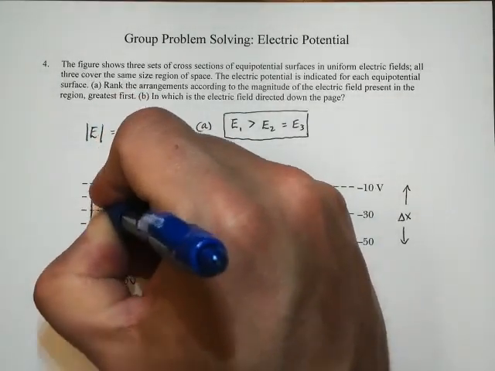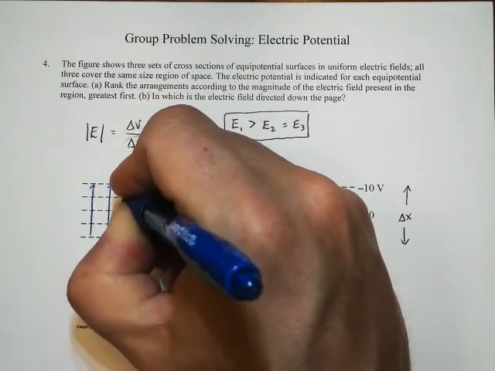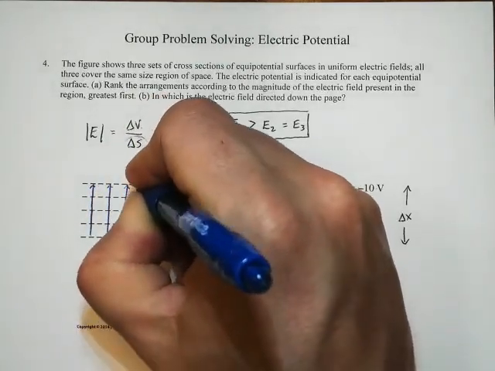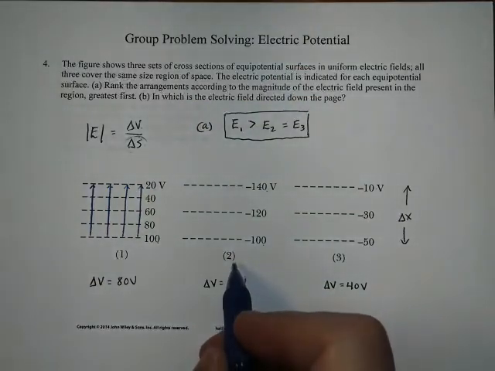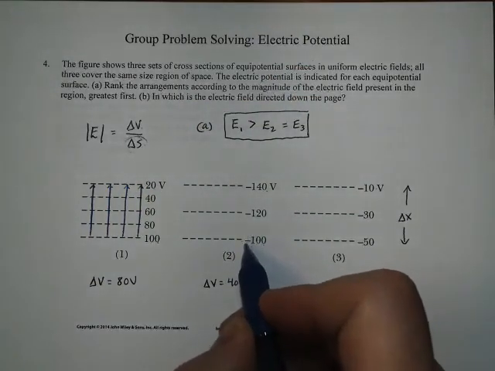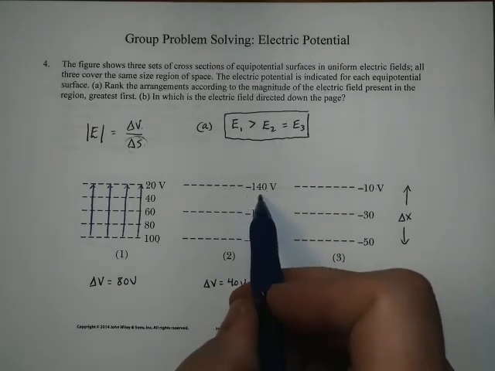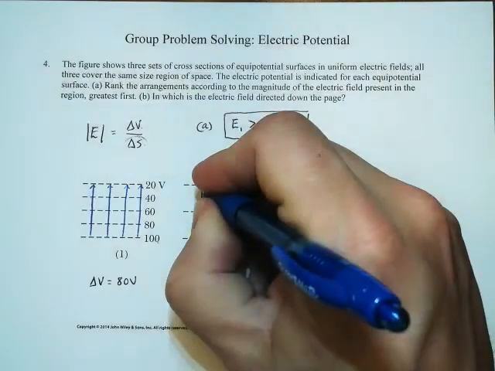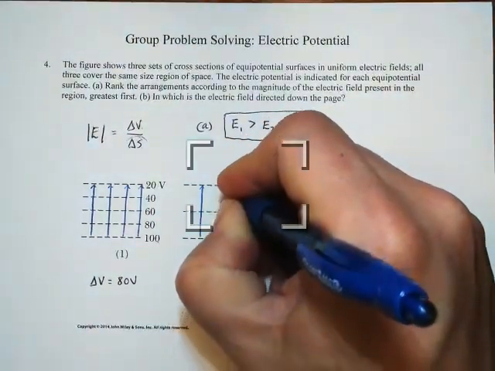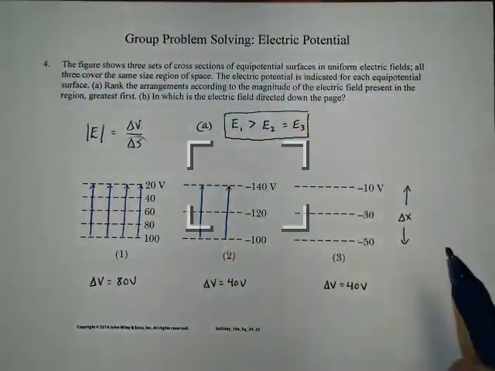The electric field lines would look something like this. In scenario 2, negative 100 volts is a higher electric potential than negative 140 volts. So the electric field vectors would again point from the bottom to the top.